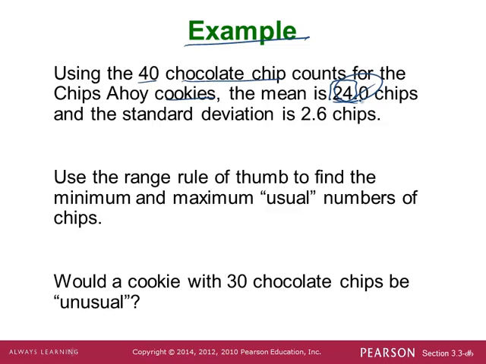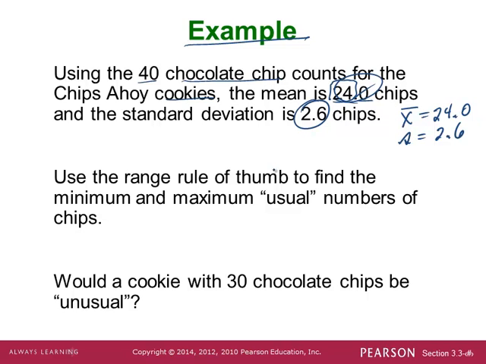It is appropriate to have one decimal place in the mean when you have integers for your data values. Your standard deviation in this example turns out to be 2.6. So let's write that down: x bar, the sample mean, is 24.0 and the standard deviation is 2.6.